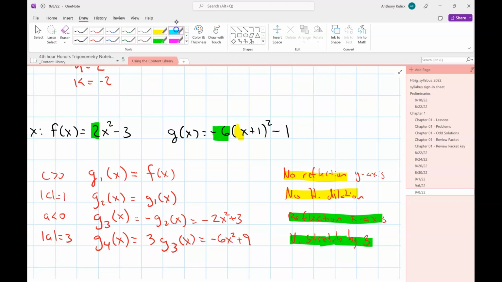Now we're going to look at the h. What part is going to tell me about my h? Yeah, anything added or subtracted directly to my x. So my h is +1.